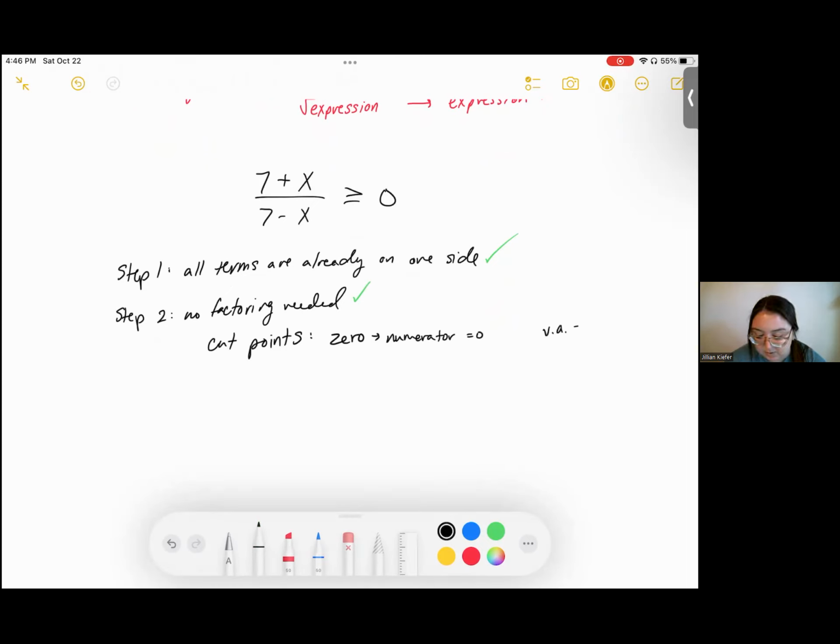For the vertical asymptote, take the denominator and set it equal to 0. So for the 0, we take the numerator, which is 7 plus x, and set it equal to 0. Solve for x. You subtract 7 from both sides and get x is equal to -7. So that is the 0.